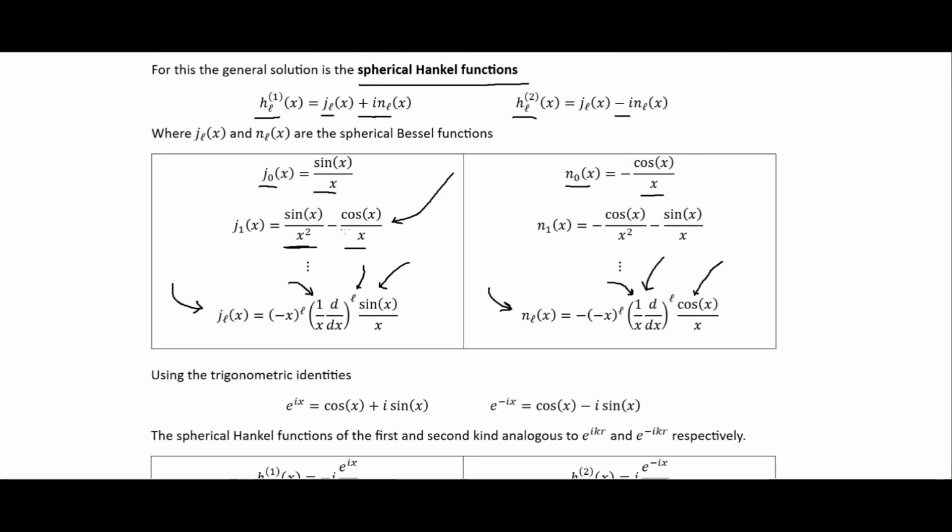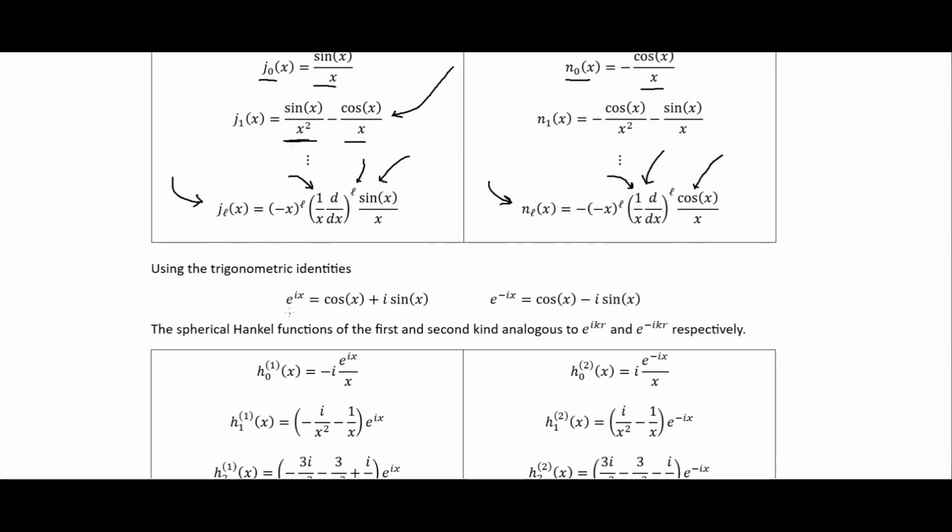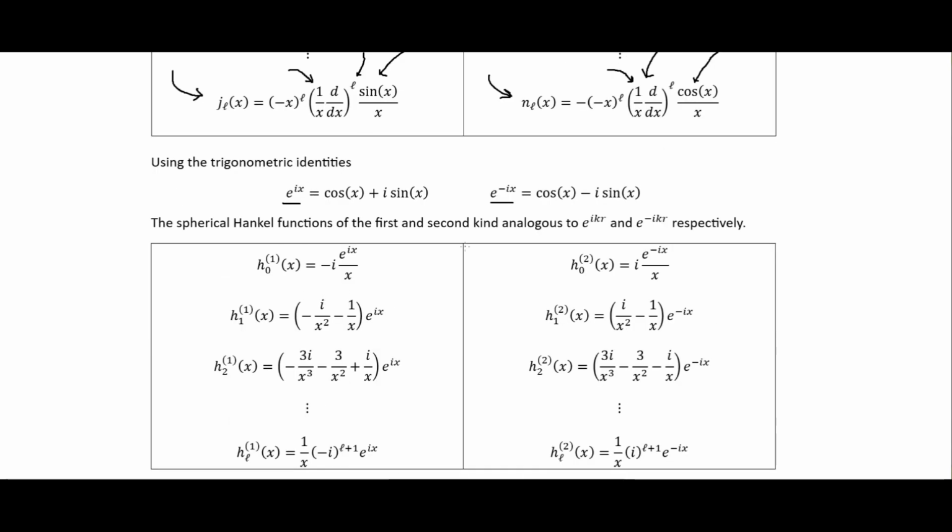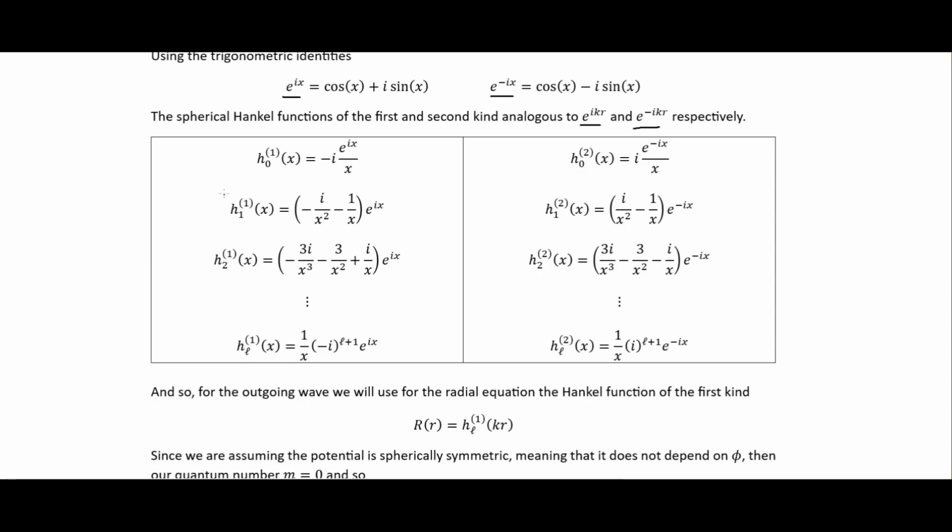But then because we have these trigonometric functions, for these e to the ix and e to the negative ix, we can put these Hankel functions of the first and second kind as being analogous to this e to the ikr and e to the negative ikr. And so we end up with these right here, where this and this are the general forms of it.